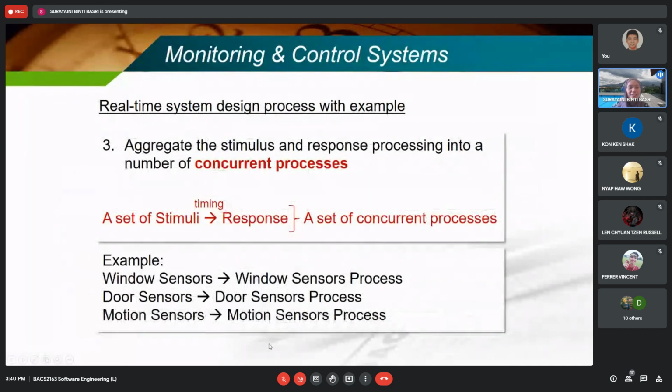Okay, so the third stage in the real-time system design just now, if you remember, is to detect the concurrent processes. So in this case, we already know that there are three concurrent processes, which are the window sensor process, door sensor process, and motion sensor process.